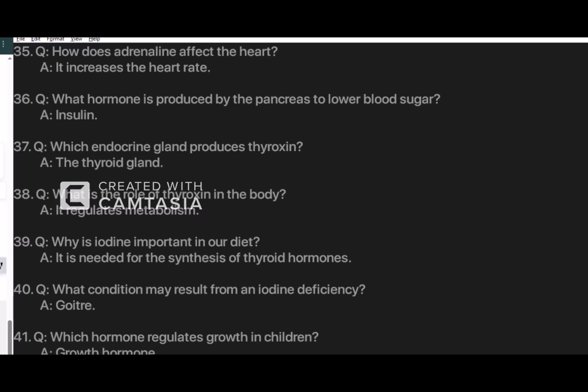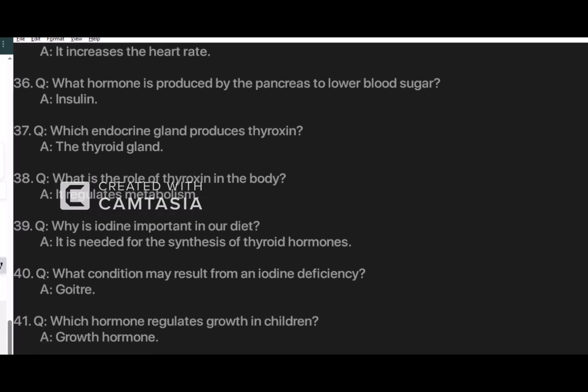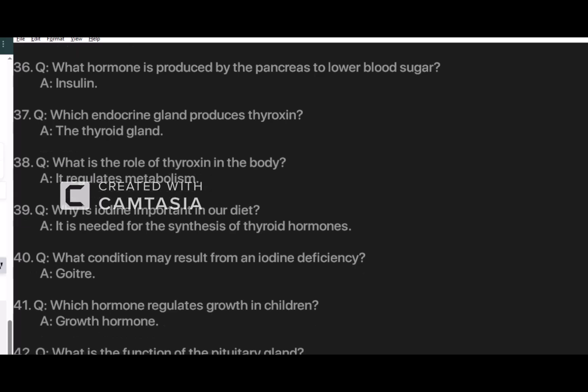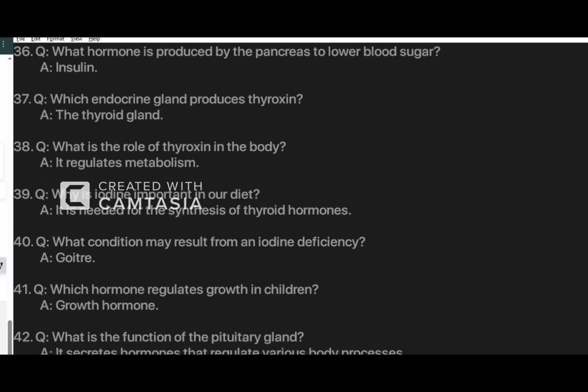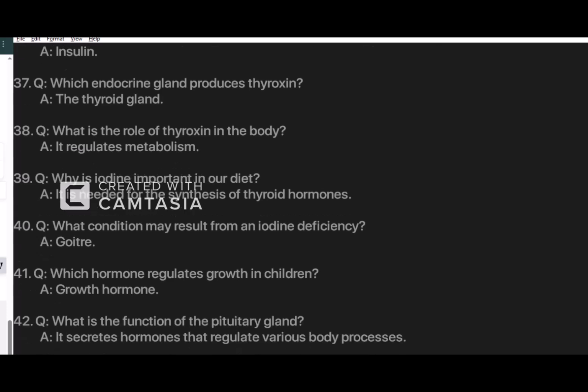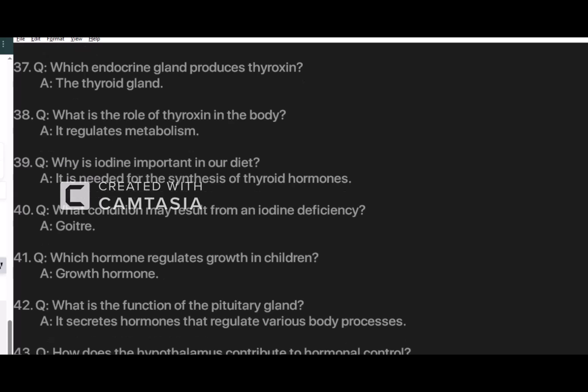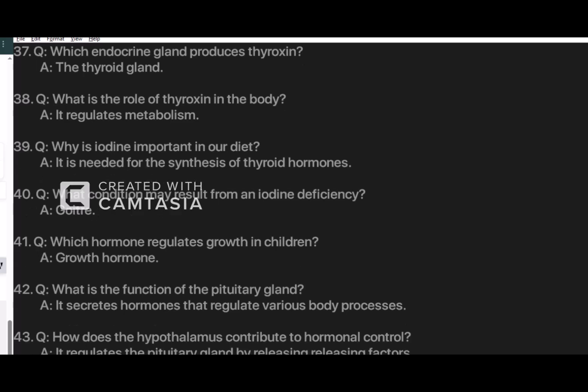A. It secretes hormones that regulate various body processes. 43. Q. How does the hypothalamus contribute to hormonal control? A. It regulates the pituitary gland by releasing factors.